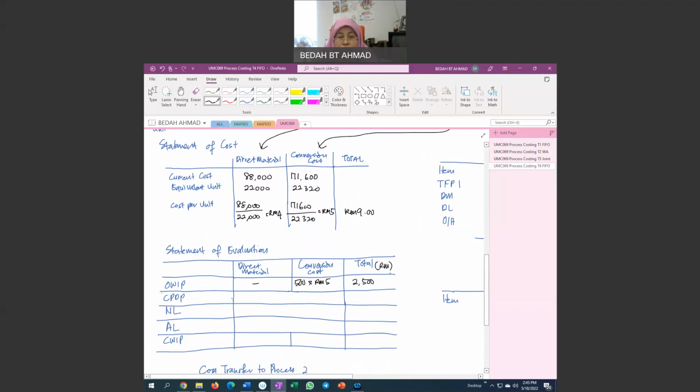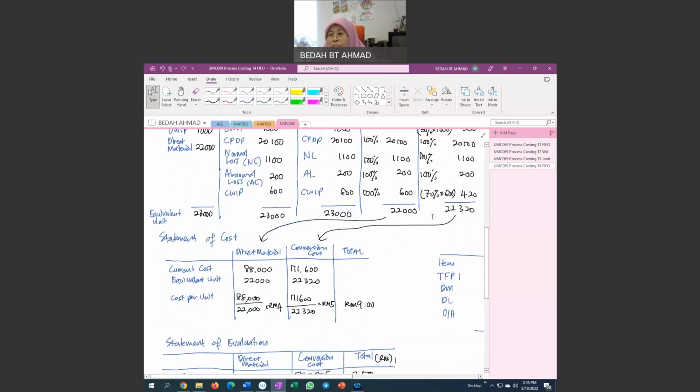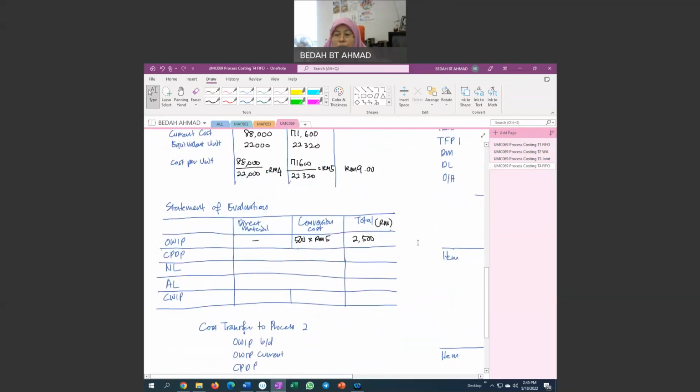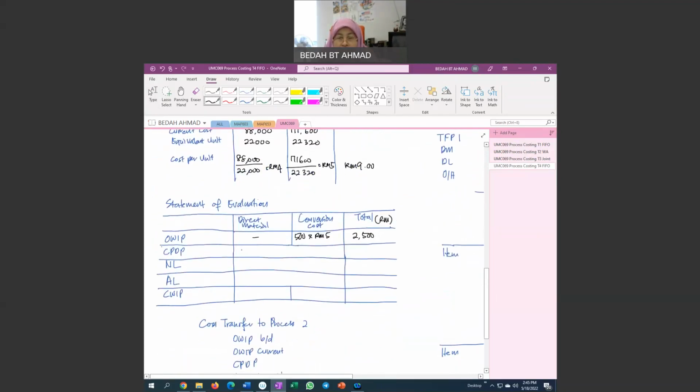Okay, so for the CPDP, it is 20,000. So we take 2,100, then 1,100, then 200, then 420, and 600 direct material. So 2,100. Then the normal loss is 1,100.